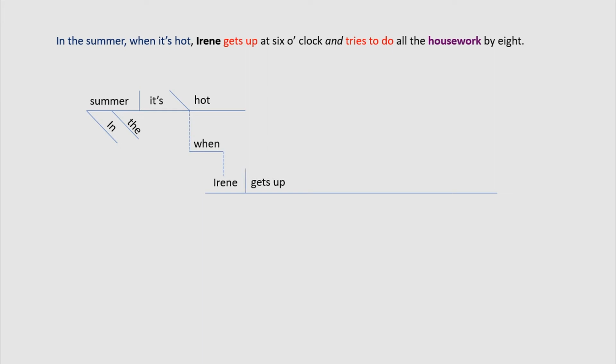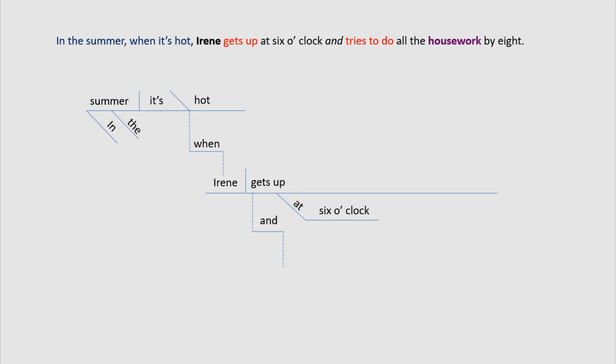Okay, she gets up. But we have a preposition. What is it? Exactly, it's at. And finally, the complement of that at is 6 o'clock. But as we saw before, we have a connector. Where do we put the connector? Yes, under the verb.